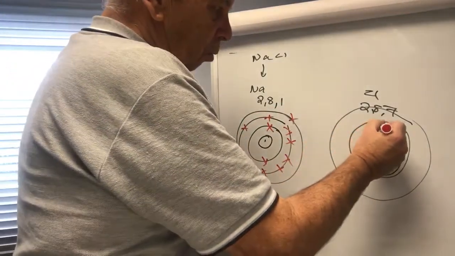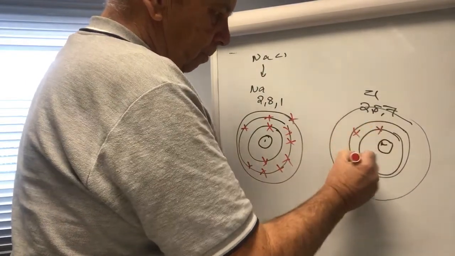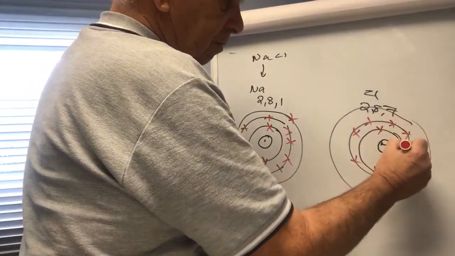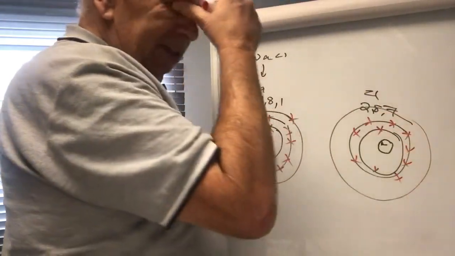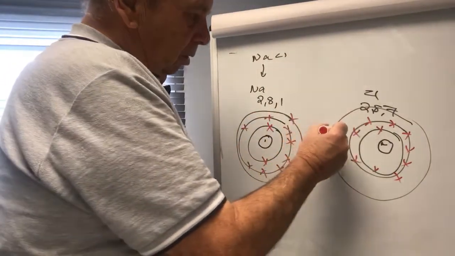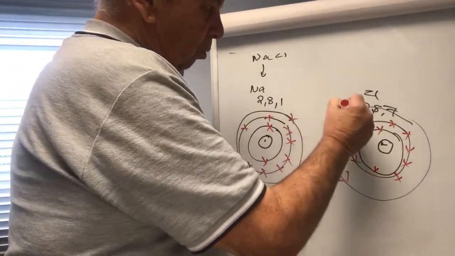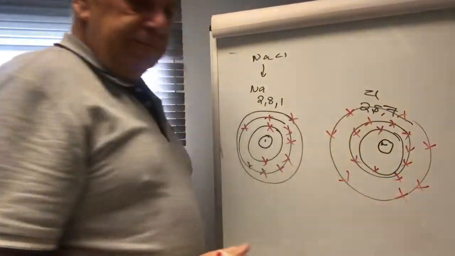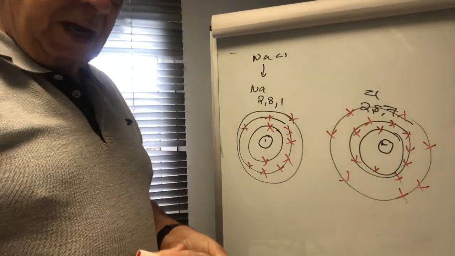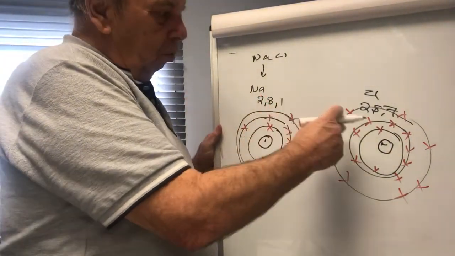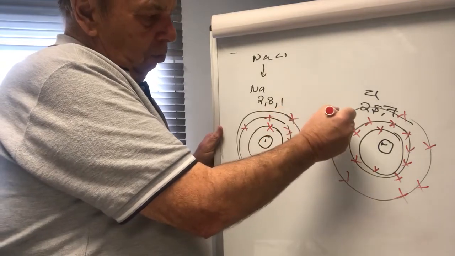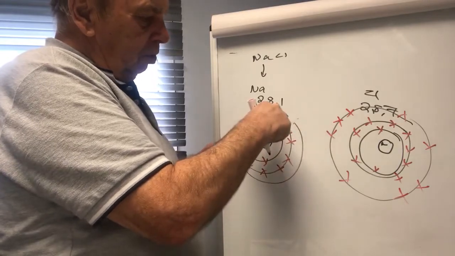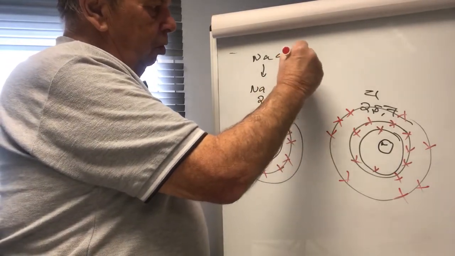Chlorine, 2,8,7, the outer shell of chlorine has 7 electrons. When they combine together, sodium donates an electron to chlorine, and this structure then changes to 2,8.